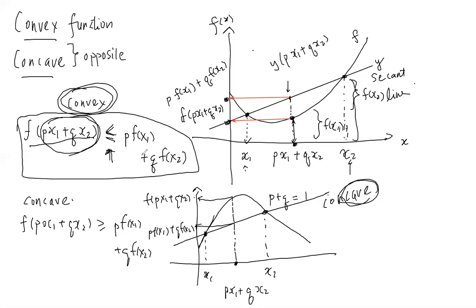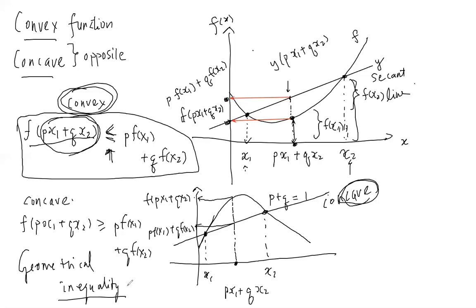So this inequality is obtained from geometry. It's a purely geometrical inequality. In case you wonder how a lot of these inequalities come about, they basically refer to some facts in geometry.